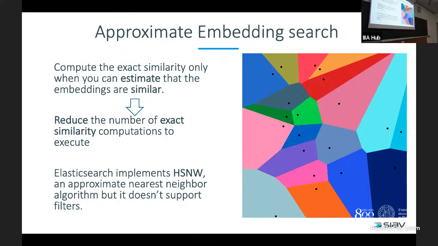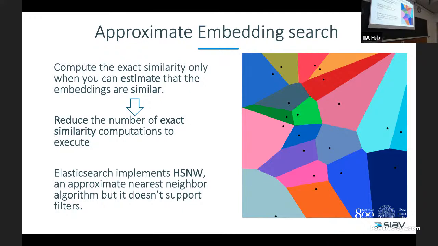The result of doing so is that you reduce the number of exact computations that your system has to execute. In this way, you are both reducing the computational load on the CPU and also the amount of documents that you have to load into the main memory at each query.